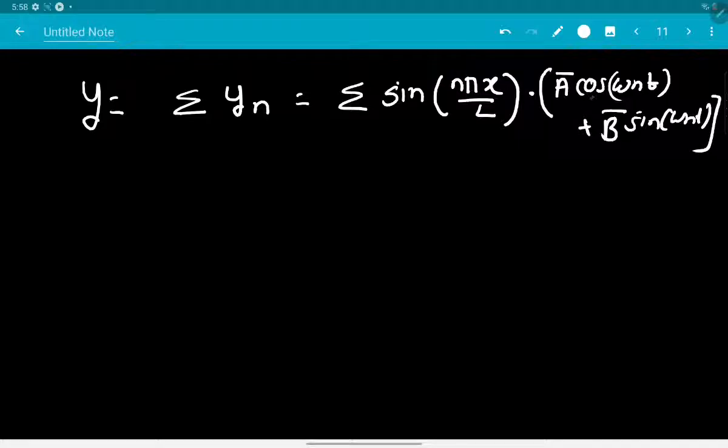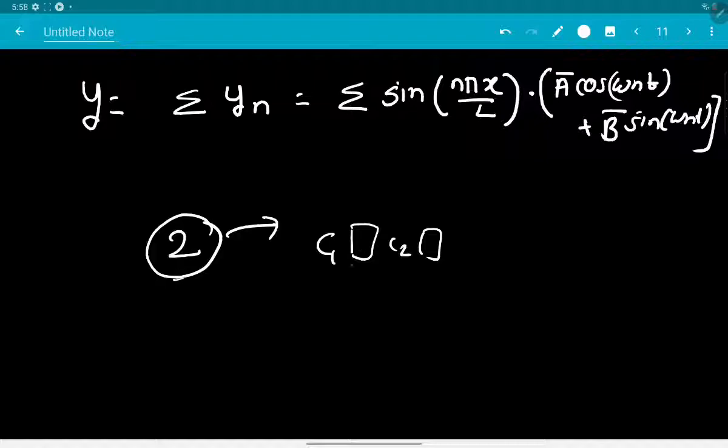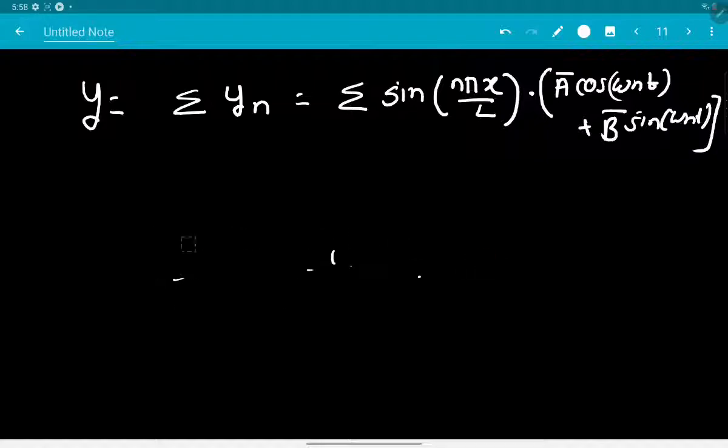Because you have essentially infinite solutions. In earlier cases we used to get two solutions, and we used to say that a linear combination of these two solutions gives the final solution. Now in a similar fashion we will have to take a linear combination of all these yn's, summing them with certain weights attached. This weight you can absorb inside a bar and b bar, so I'm not writing that weight separately.